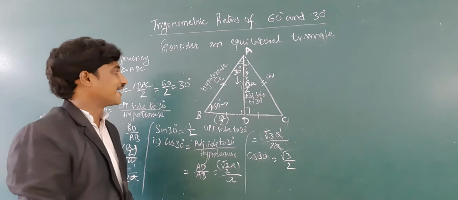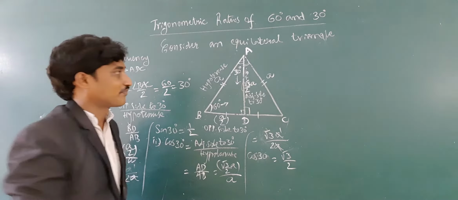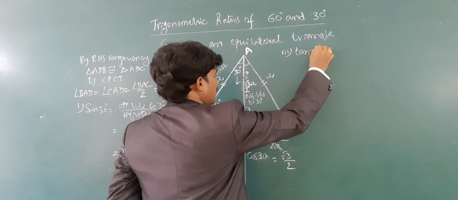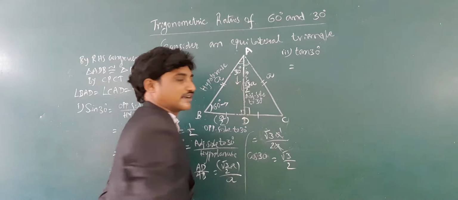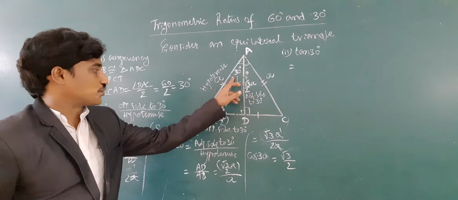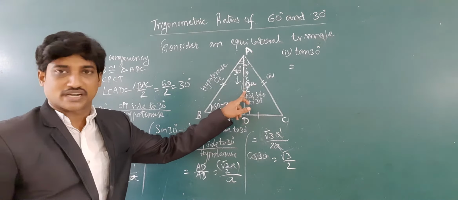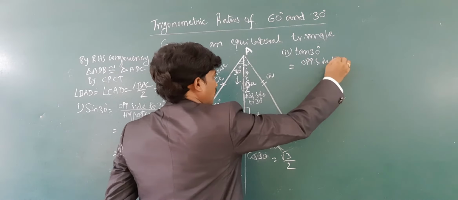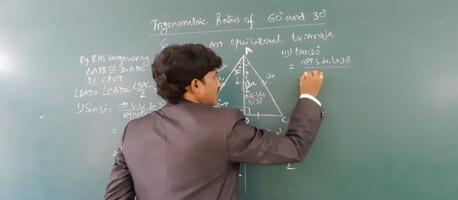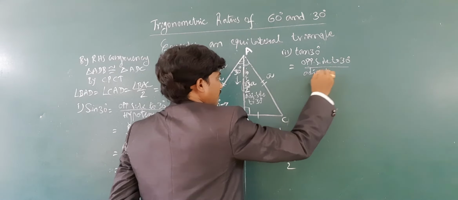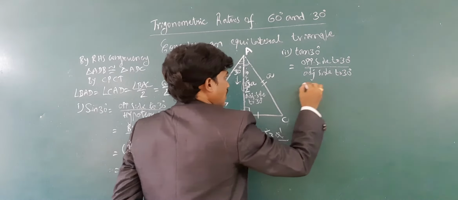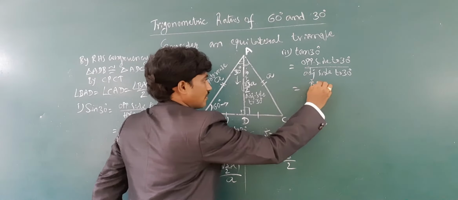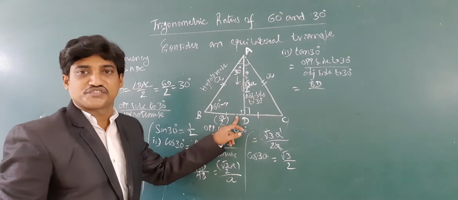Now let us find tan 30 degree. Third one, tan 30 degree. Tan 30 degree is nothing but opposite side to 30 degree by adjacent side to 30 degree. Opposite side to 30 degree is BD by adjacent side to 30 degree is AD.